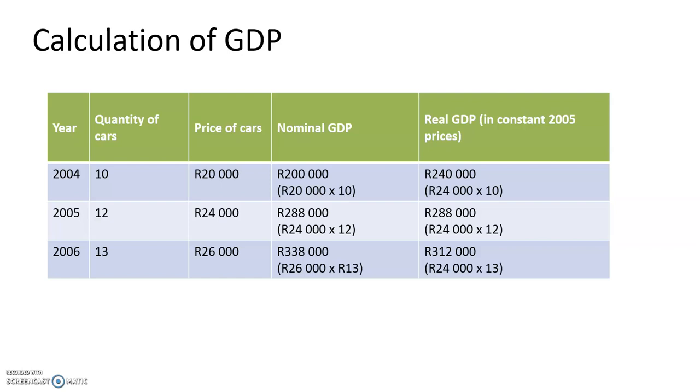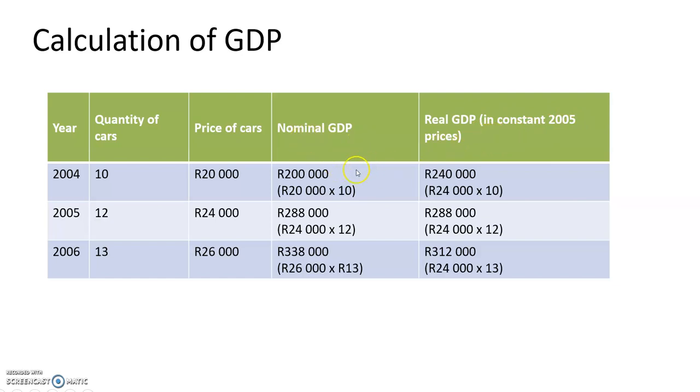So let's look at an example. We have the years 2004, 2005, 2006, the quantity of cars for each year respectively, prices of the cars, and we now have to calculate the nominal GDP and the real GDP. And the base year is 2005.